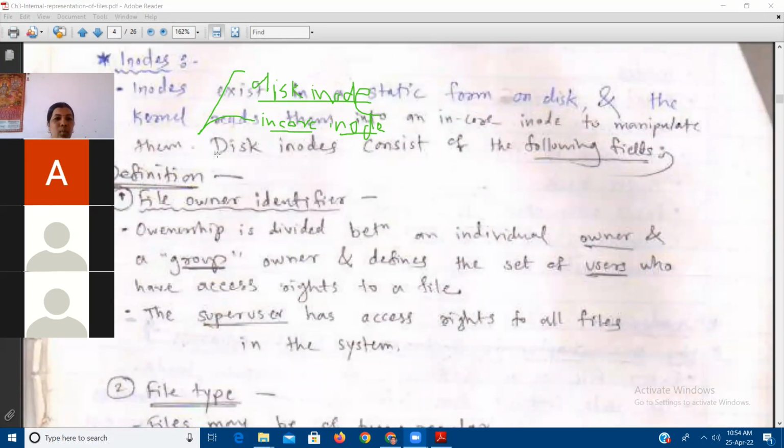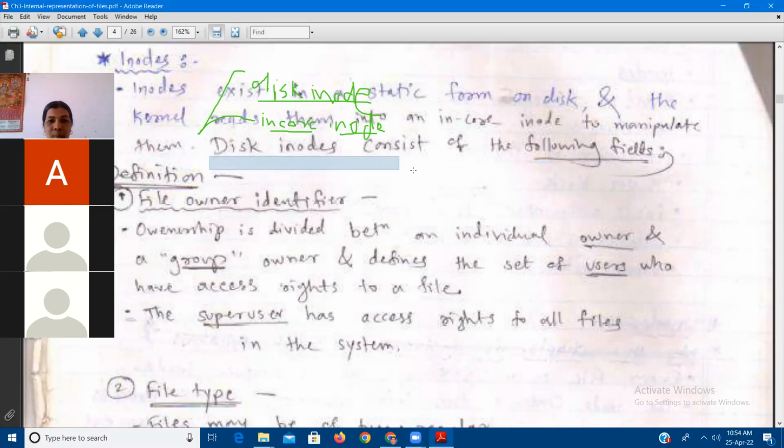So the disk inode consists of the following fields. Whatever fields we are discussing now, all these fields are related to the disk inode. So note down the fields of disk inode. In your notebook, you can write the point inodes. Under that, write two types of inodes. First is disk inode, second is in-core inode. And below that, you can write: inode consists of the following fields.